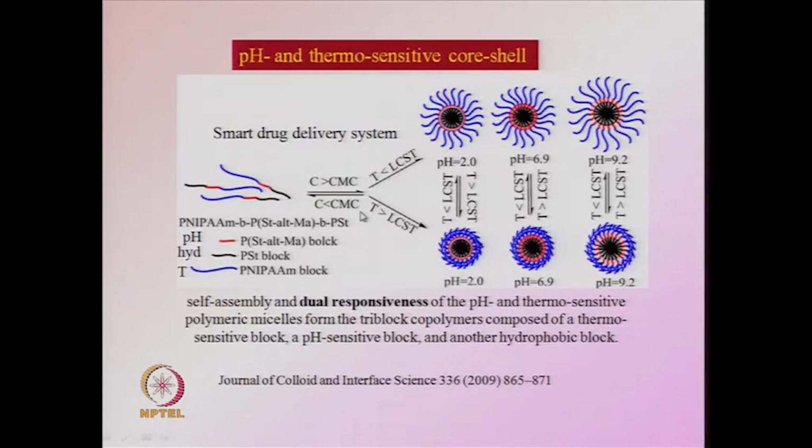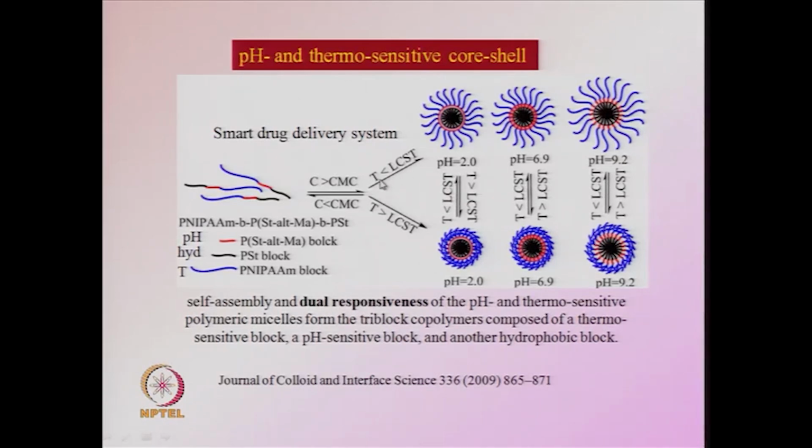So, under certain concentration, this tri-block copolymer, each having a particular property, self assemble to form this kind of a structure, and not only that, the structure is dependent on temperature, because here the temperature is some temperature which is lower than what we call the critical solution temperature.